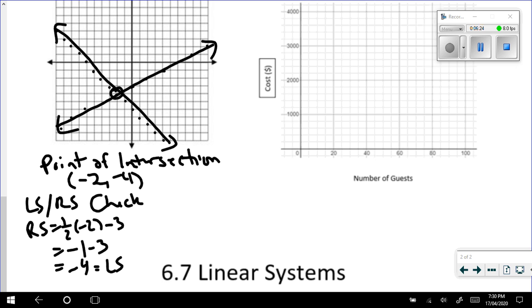Notice I'm doing this backwards to the other. And I want you to notice, you have to check both equations.